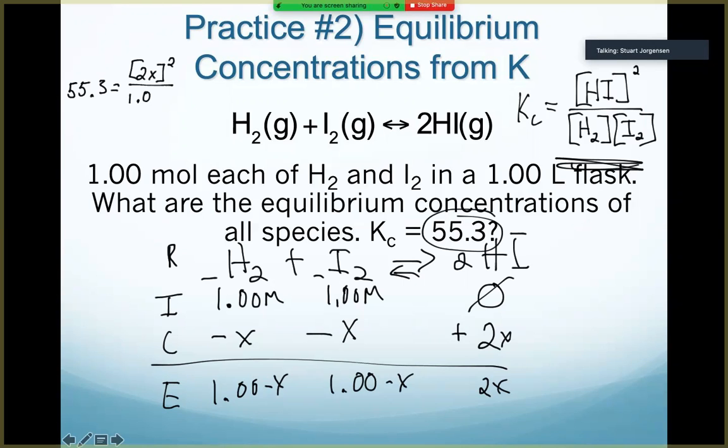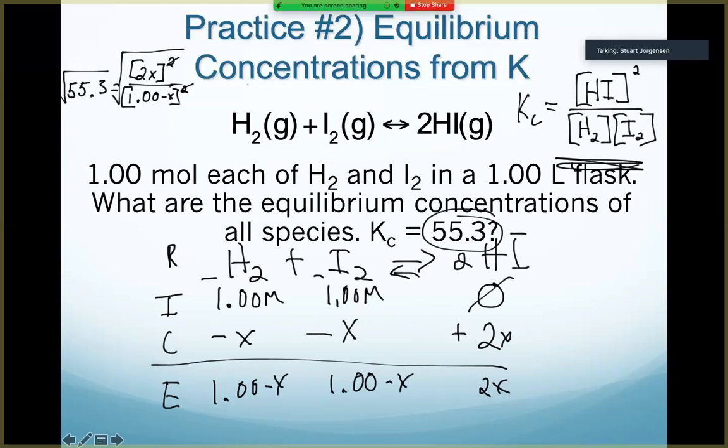And we're going to have 1.00 minus X times 1.00 minus X in the denominator. Well, good news. This binomial times itself is the same as saying that quantity squared, which makes the math really nice here, because I think we can square root both sides and simplify our work here. So these squares are going to cancel.